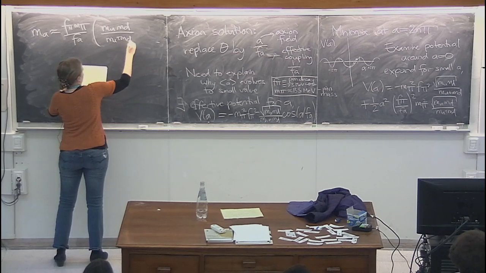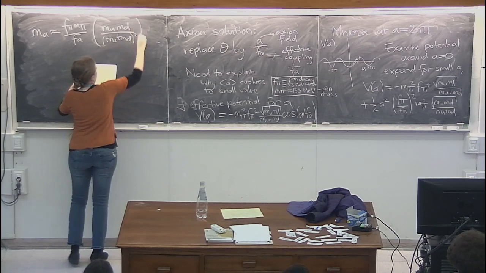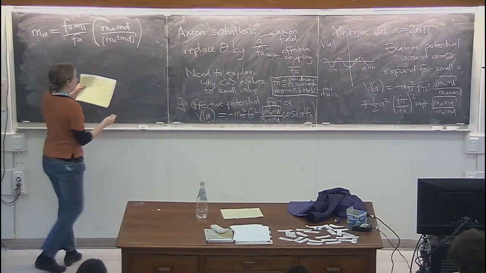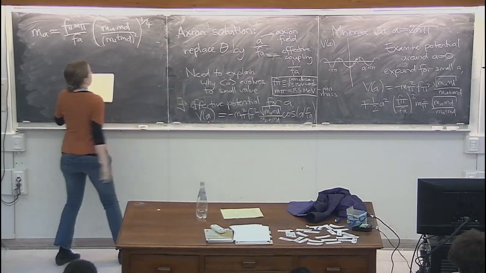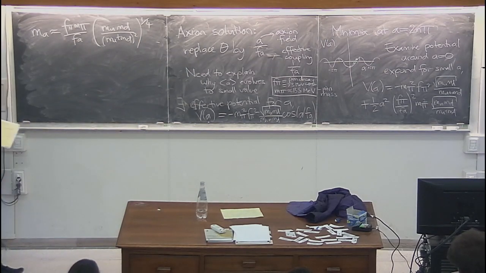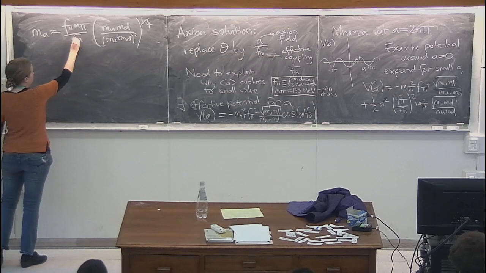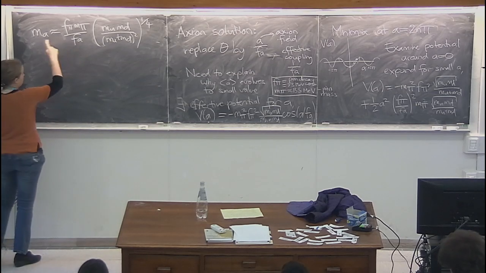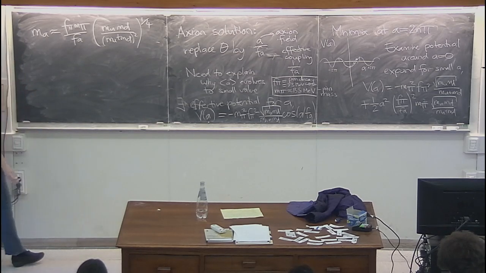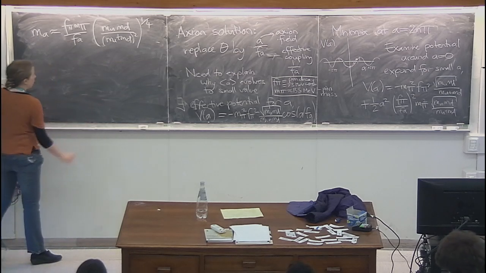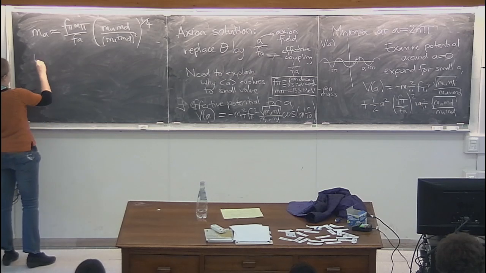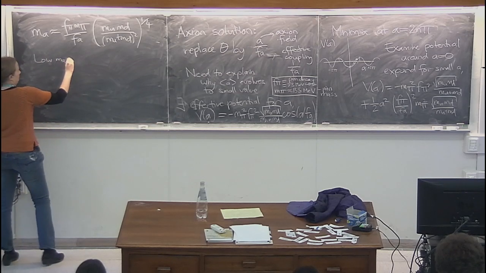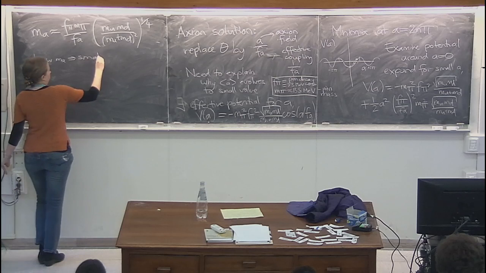But basically, the mass of this axion particle is going to be related to its coupling. So the smaller we make it, the lighter we make it, the higher this scale Fa will be, and the more weakly it will couple to the standard model. So the coupling goes like 1 over Fa.